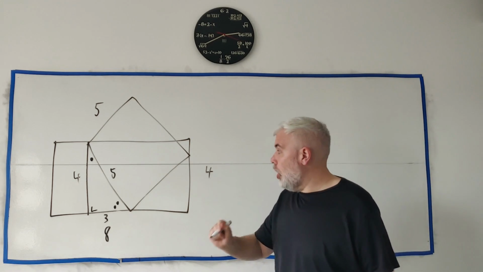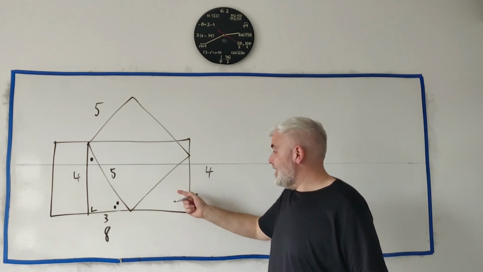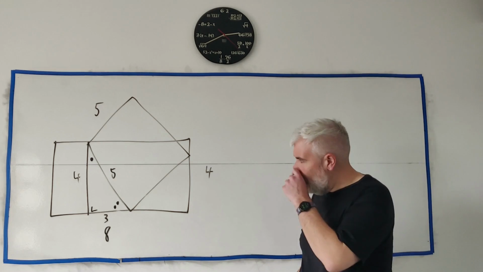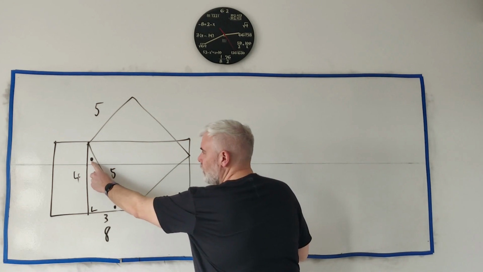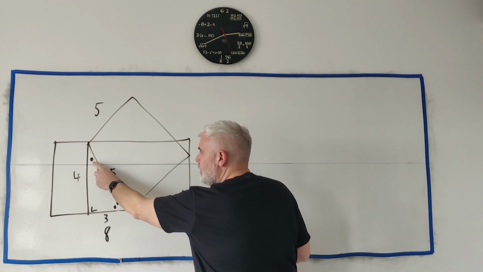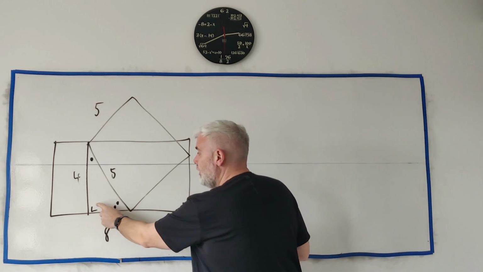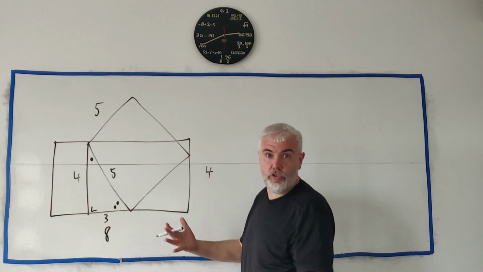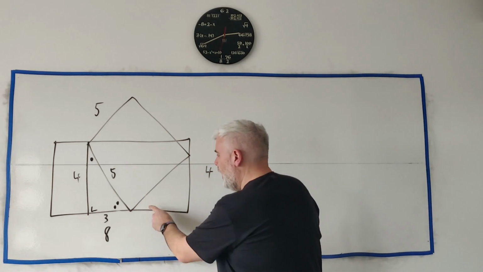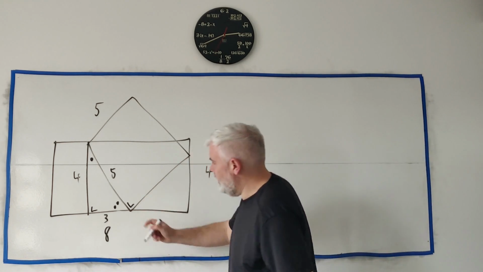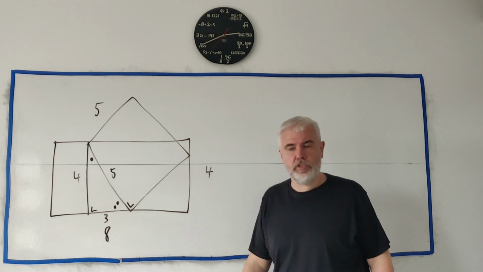I'm going to try and show that this triangle is the same as this one here. So if we think of this angle up here, the 1 dot, it is equal to 180 minus 90 minus this 2 dot angle. And we also know this is 90 degrees. It's the corner of a square.